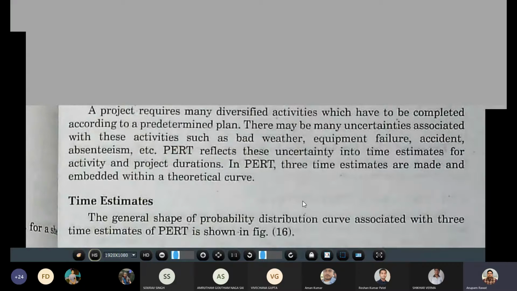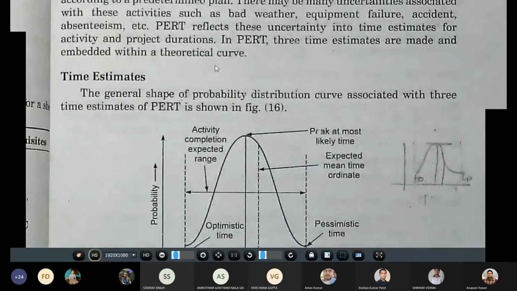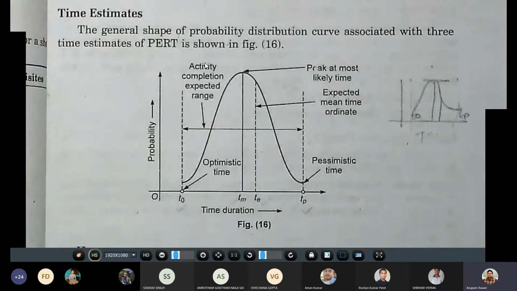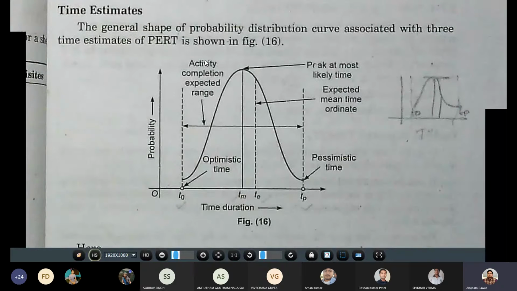It indicates a point in time and does not require resources. The PERT system is event oriented. In the PERT system, there is the general shape of the probability distribution curve associated with the three time estimates.